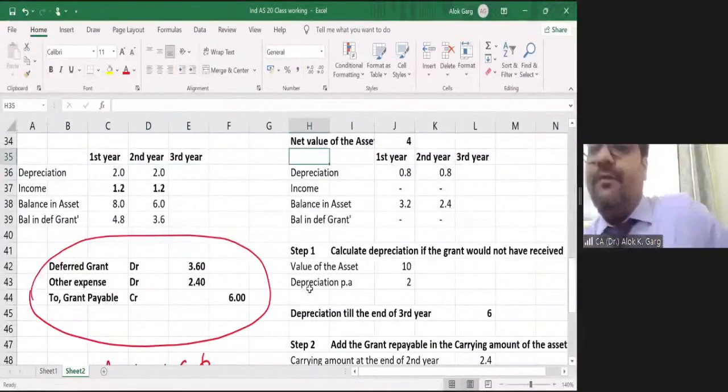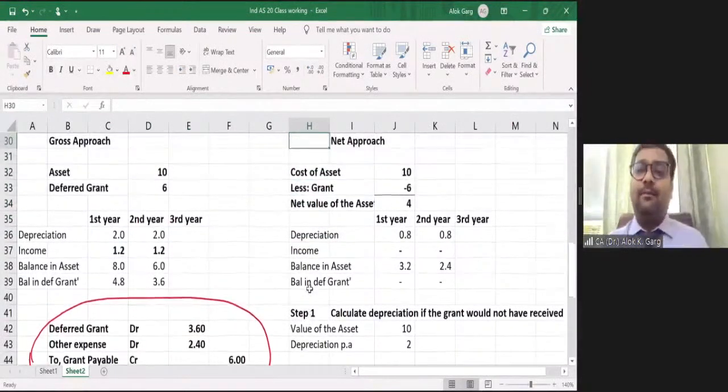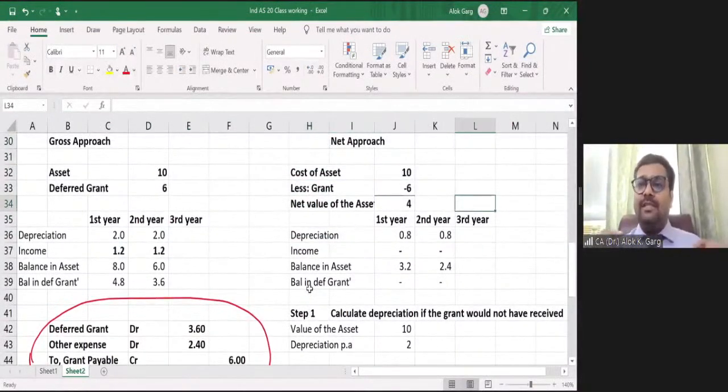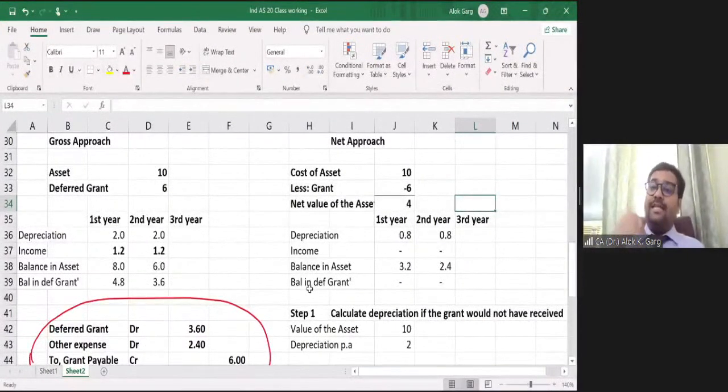So guys, in case of the net value approach, the standard says, very simply, that in case of a net approach, you need to add whatever grant you are repaying to the cost of the asset, to the carrying value of the asset first. Second, you need to calculate the depreciation till the date of repayment of the grant, and you need to net it off.